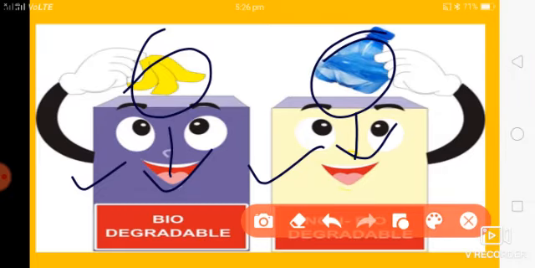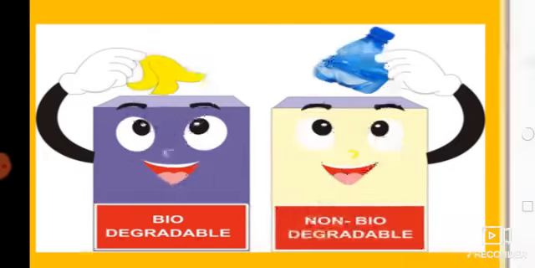So now you can understand the reason they are saying so, and what is biodegradable and what is non-biodegradable. Got it, students?